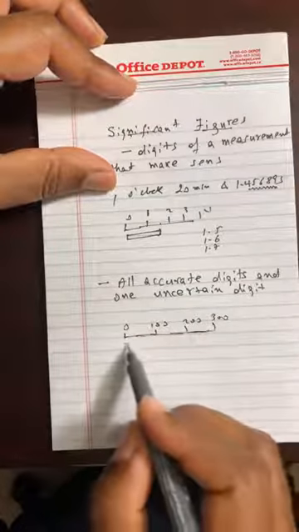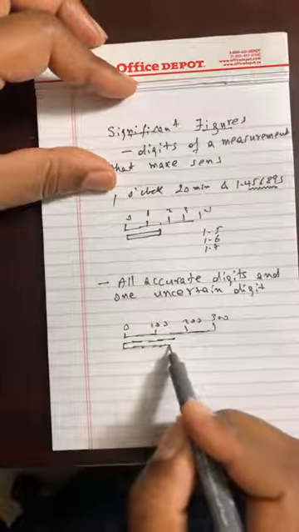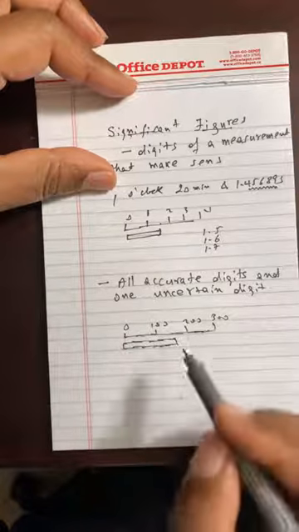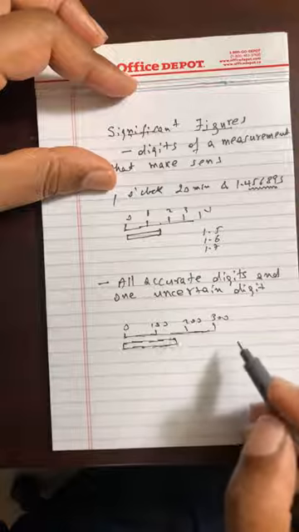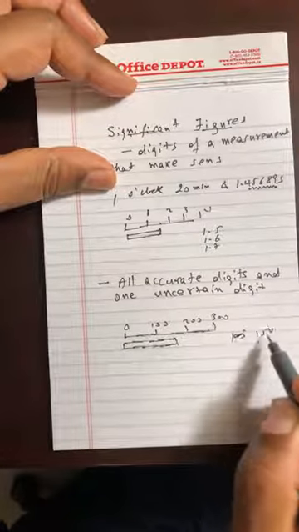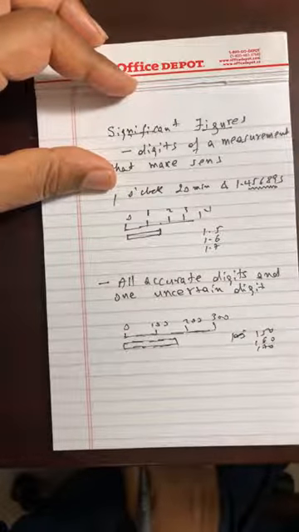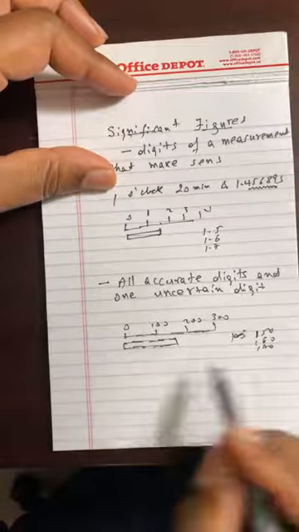And you're trying to measure the length of this object. There is no question that the length is between 100 and 200. Then you're allowed to guess one digit. Let's say the second digit could be 5, 6, 7, so maybe 150, 160, 170, and so on. Now this is the accurate digit, the 1.